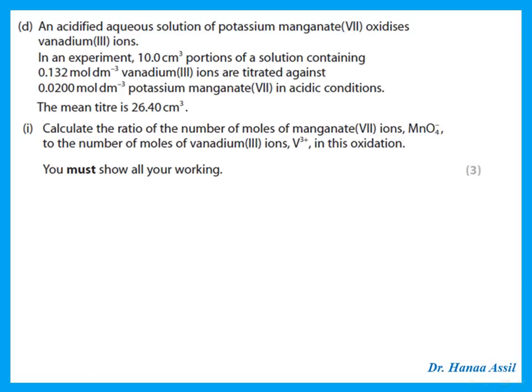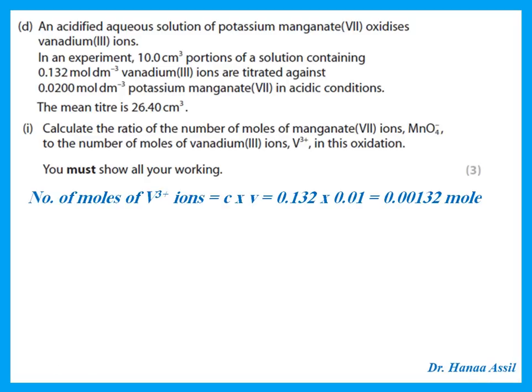So basically we want to get the number of moles of each. So what is the number of moles of V3+ ions? Concentration times volume. I have a concentration of 0.132 and the volume is 10 cm3, so that's 0.01 dm3. And this gives me the number of moles of V3+.